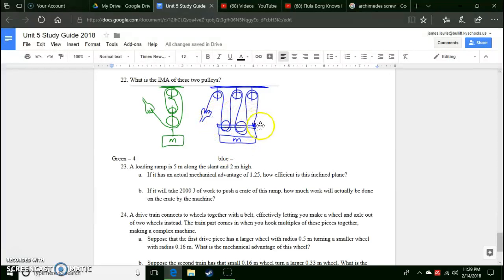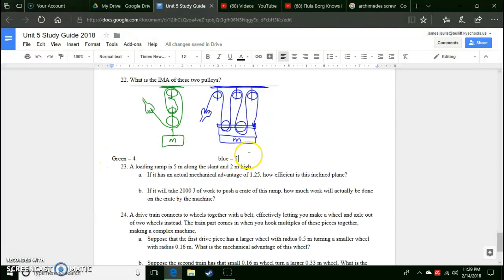So how many ropes are attached to the load directly? I cross 1, 2, 3, 4, 5, circling around the load. This one is not attached. This one goes only to the top pulley, which is not attached to the load. So this one doesn't count. Only these 5 here at the bottom are going to be important. So IMA is going to be 5.